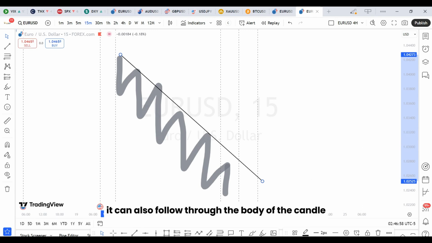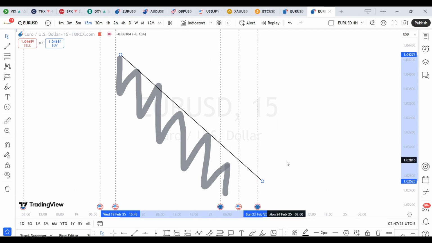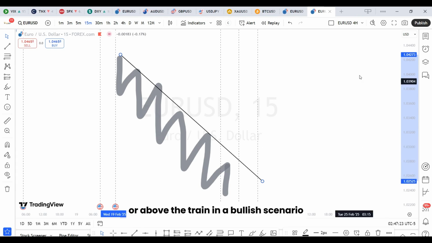It can also go through the body of the candle before, and so long as the market remains below the trend line, the market is still moving in that trend direction. So you need to pay attention to what I just said. So long as the market is still moving below the trend, the market is still moving in that trend direction, or above the trend in a bullish scenario.